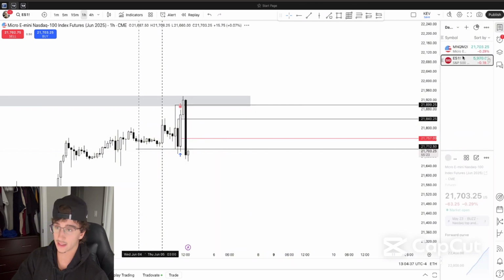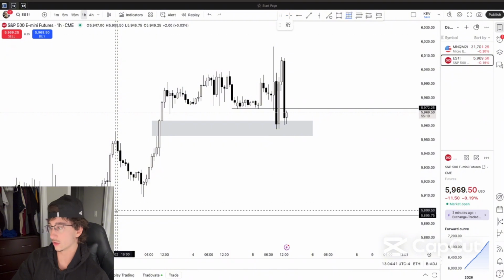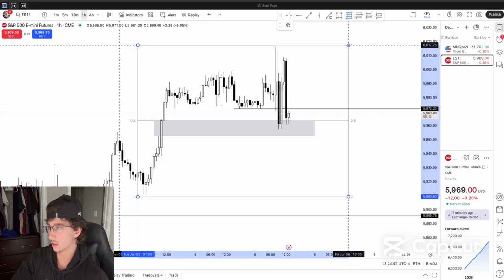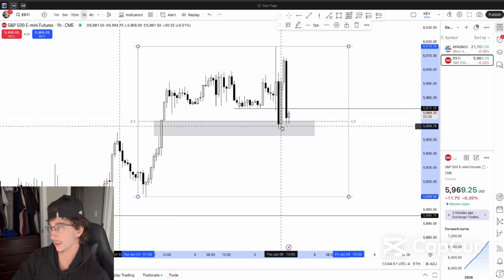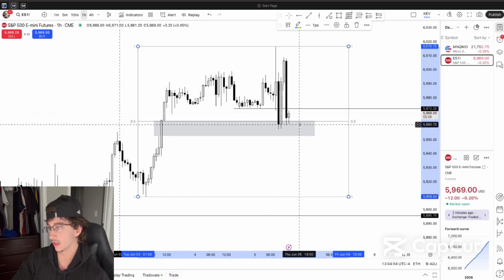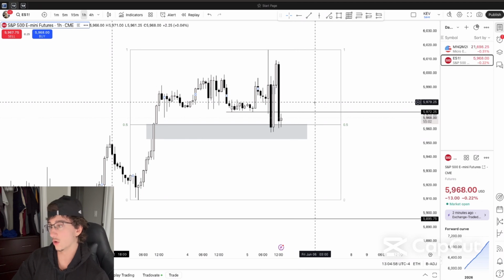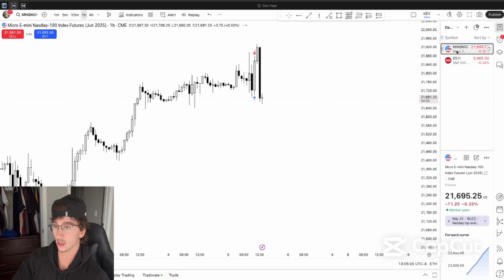Not only that, but if we head on over to ES, I can't remember where I marked it, I think I marked it from this low up to news data highs, and we tapped into hourly equilibrium as well as filling this hourly fair value gap. So really wanted to go long today based on that alone.